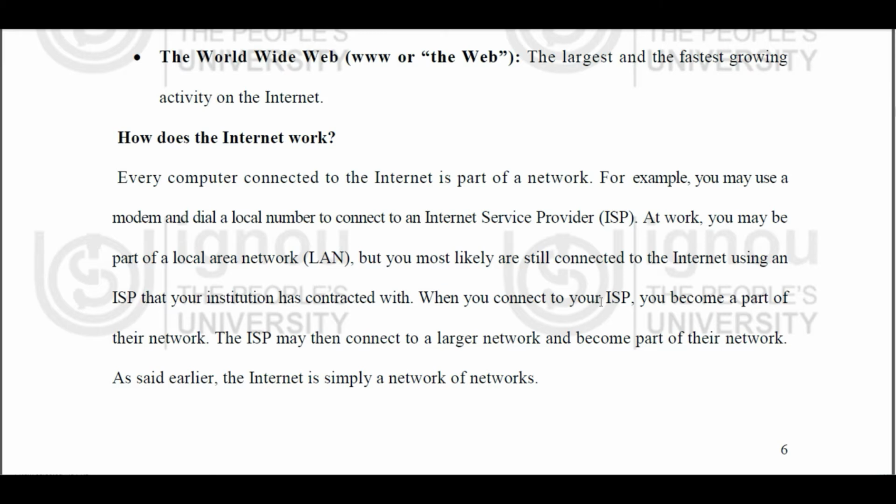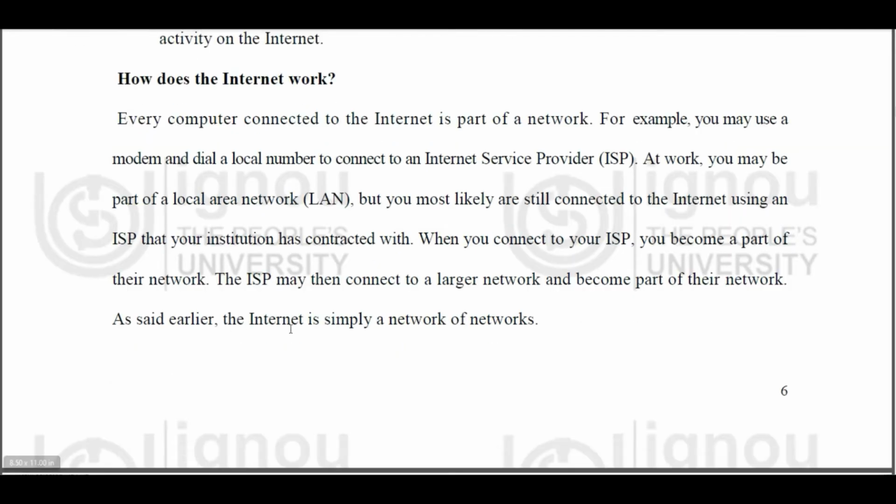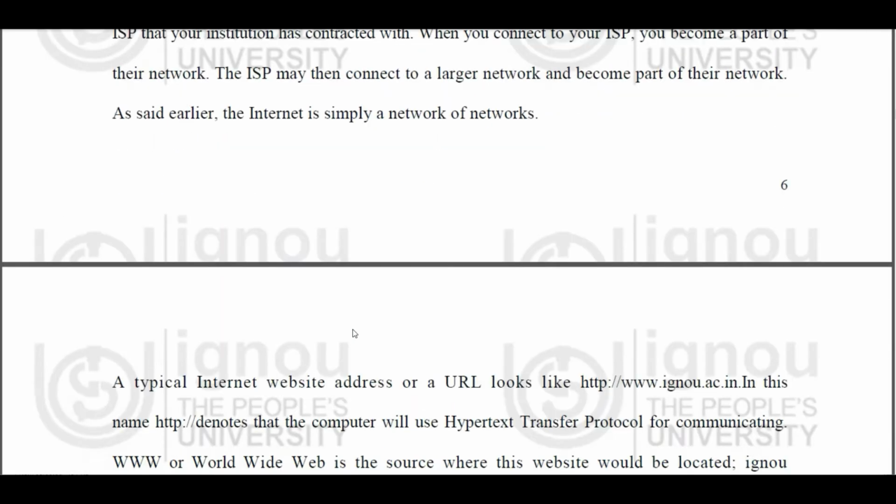When you connect to an internet service provider, you become a part of their network. The ISP may then connect to a larger network and become part of their network. As said earlier, the internet is simply a network of networks.